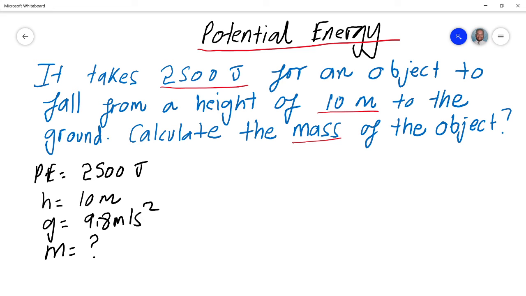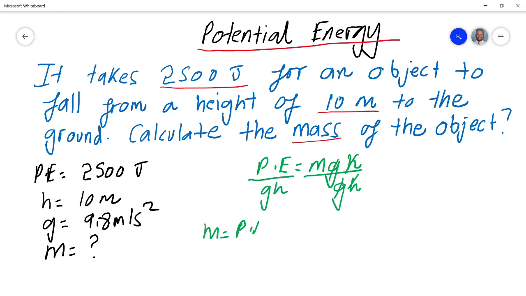And if we look at the formula, potential energy is mass times acceleration due to gravity times height. We need to get my mass, so we divide by g and h. Whatever you do on your left hand side, you do exactly on your right hand side. So therefore m will be equal to potential energy over acceleration due to gravity times my height.